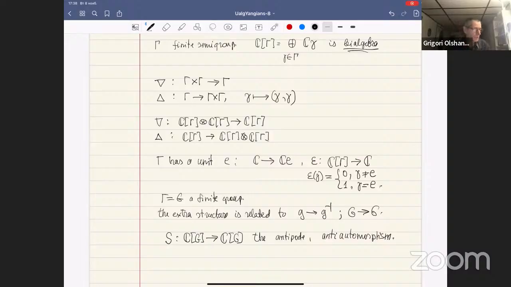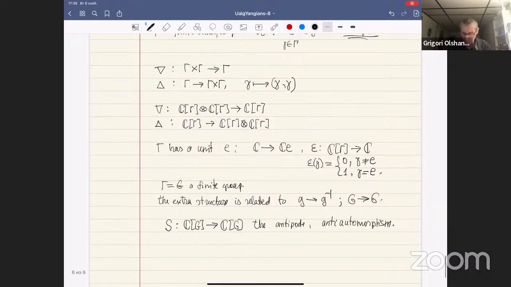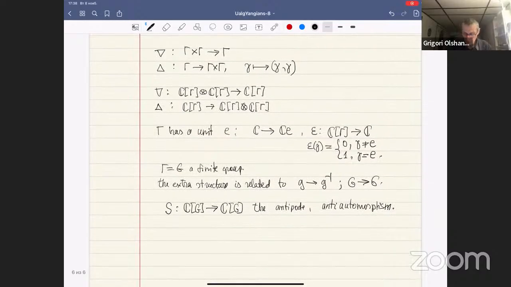This is a little bit boring. It can be viewed anywhere where it's explained. And this structure, this collection of operations: unit, co-unit, product, coproduct, and the antipode, is called the Hopf algebra.